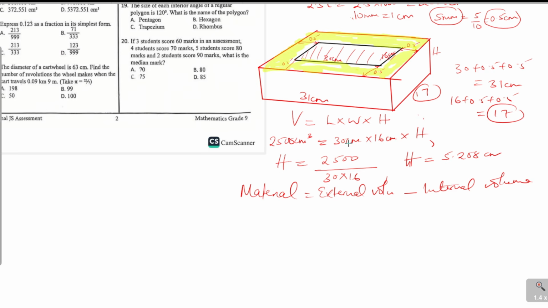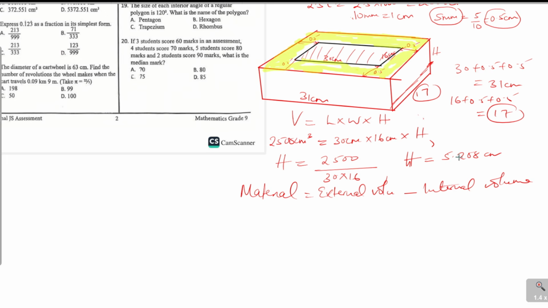Then for this height, you need to be very careful, because this container is open at the top, the height has already subtracted the thickness below. There is some thickness that is here below, which has already been subtracted.